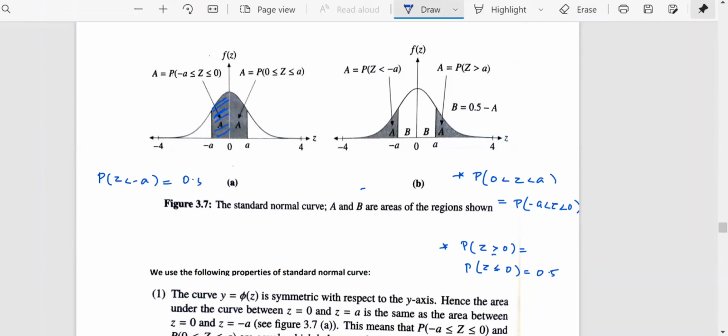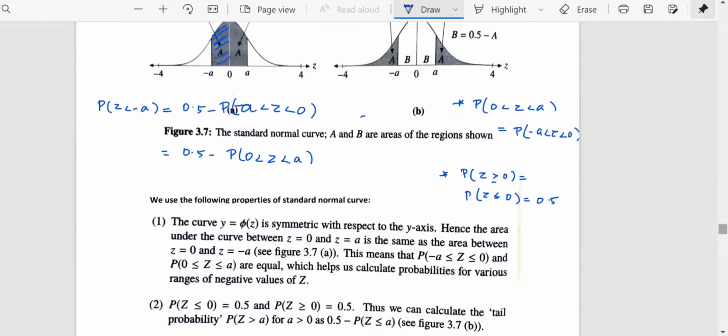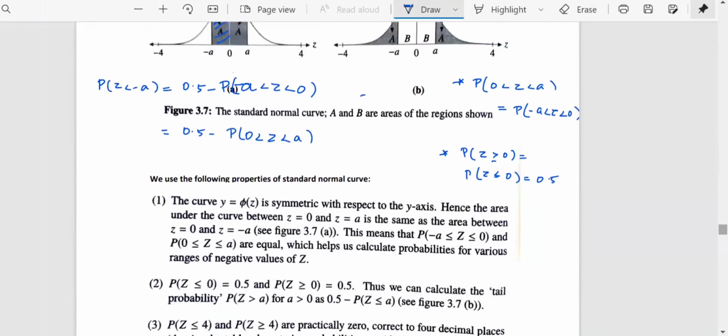So it is 0.5 minus the probability that z is between minus a and 0. And due to the symmetry, this is 0.5 minus the probability that 0 is less than z less than a.